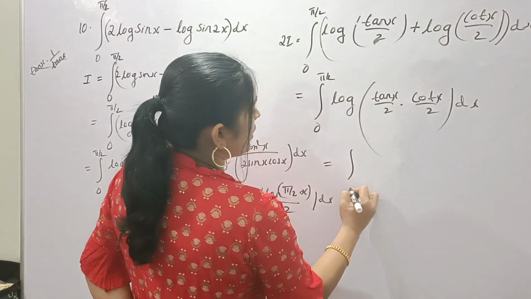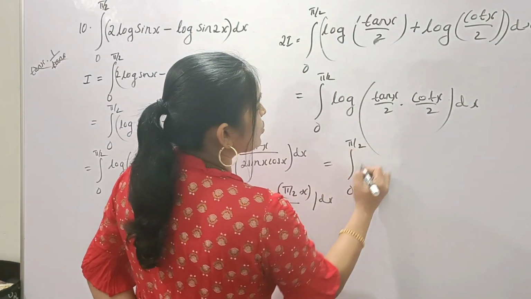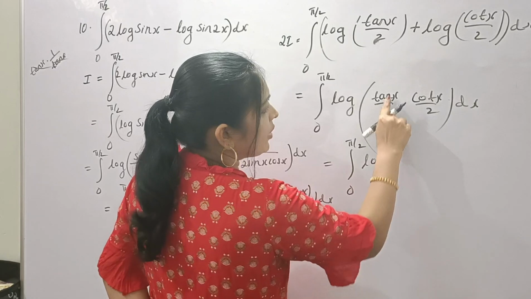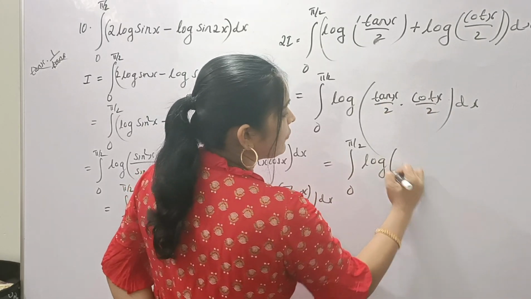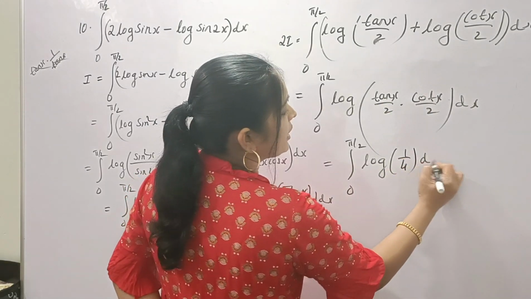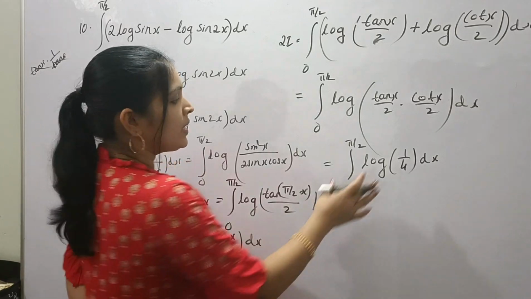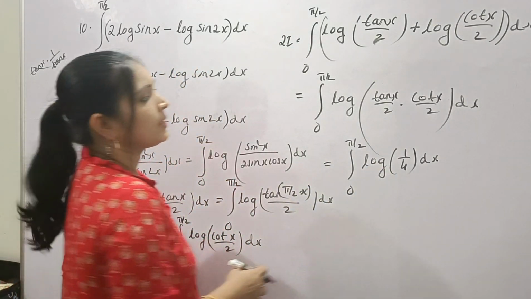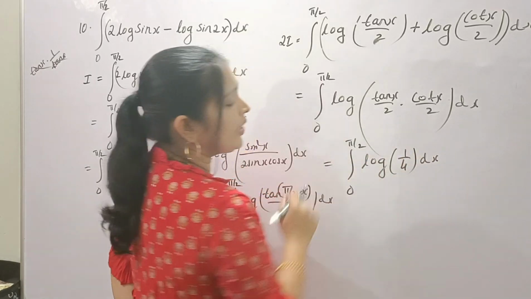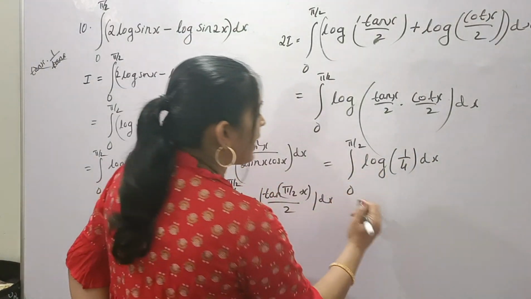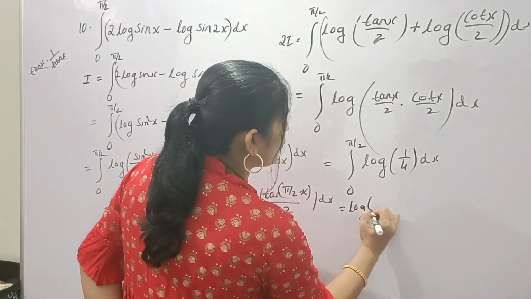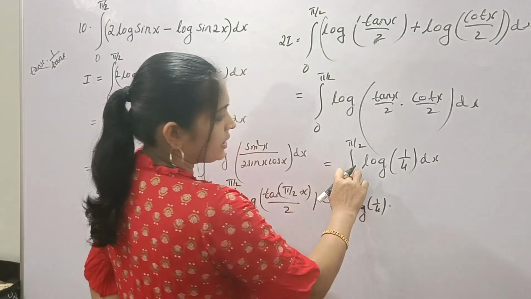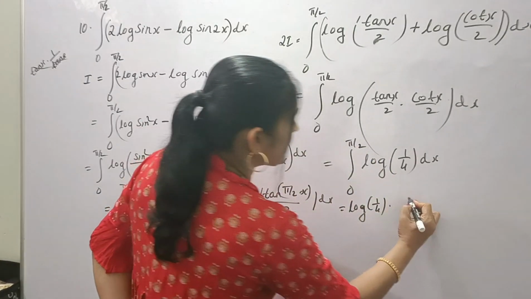That is equal to integral 0 to pi by 2 log of 1 by 2 into 1 by 2, that is 1 by 4, log of 1 by 4 dx. Log 1 by 4 is a constant, right? So we can take it out. Log 1 by 4 into integral of 1 dx, that is x.